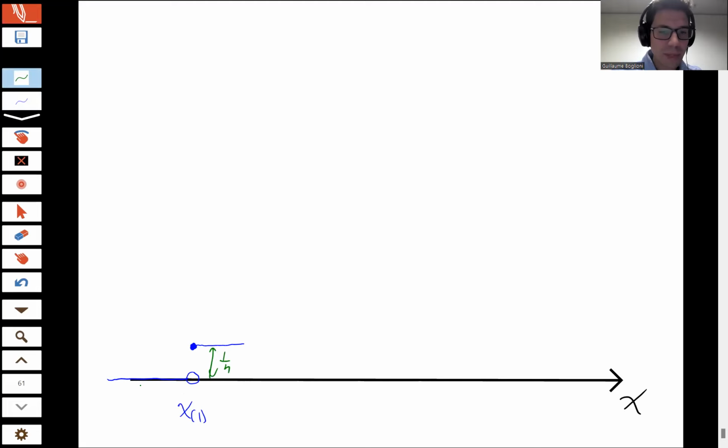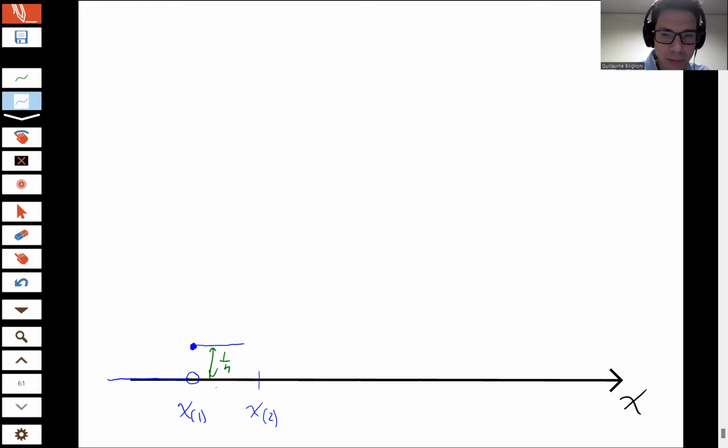Again, because here 0 points are smaller or equal to x1, and at x1 exactly 1 point is smaller or equal to x1. But if you keep going, let's say that the second smallest, for illustration purposes, is here.